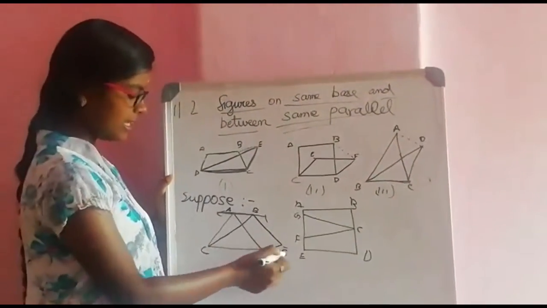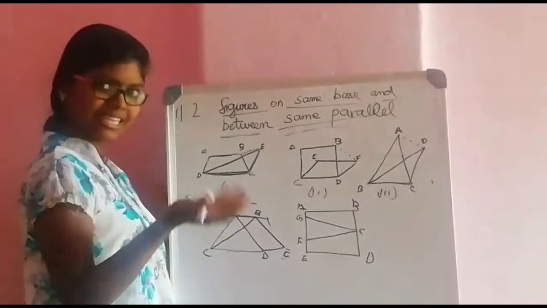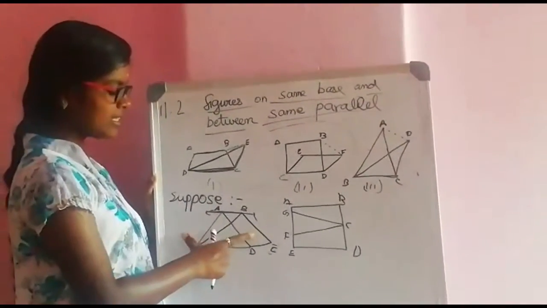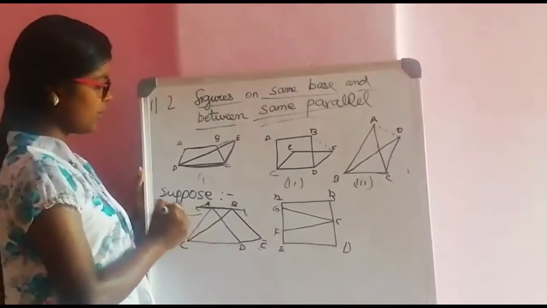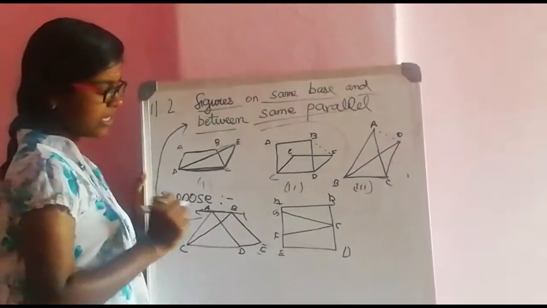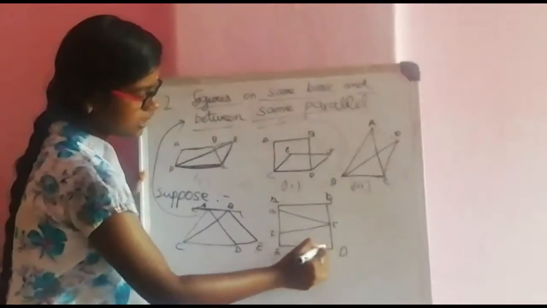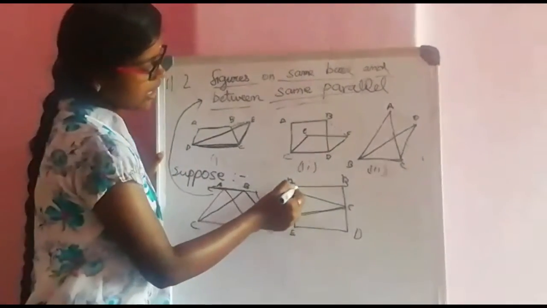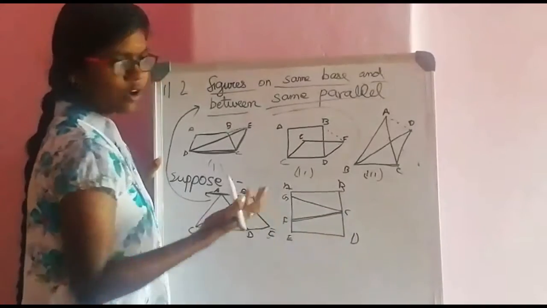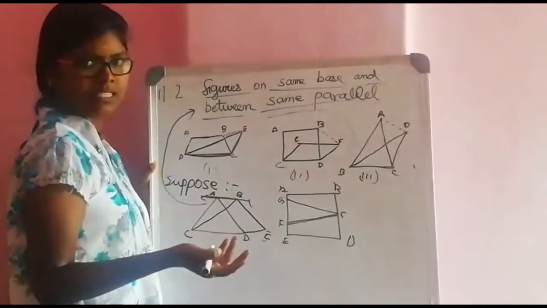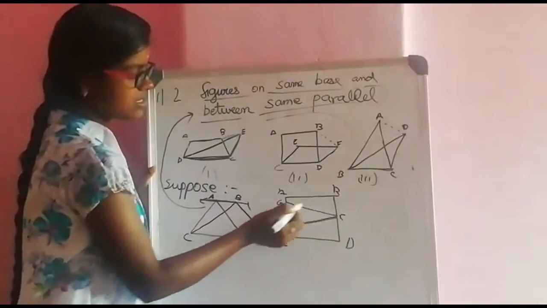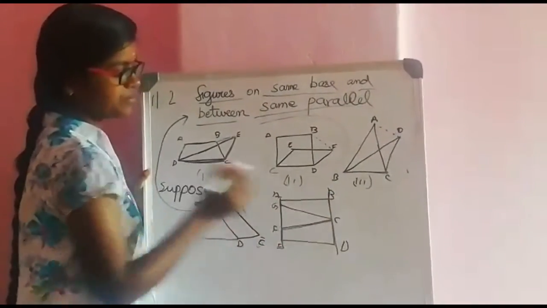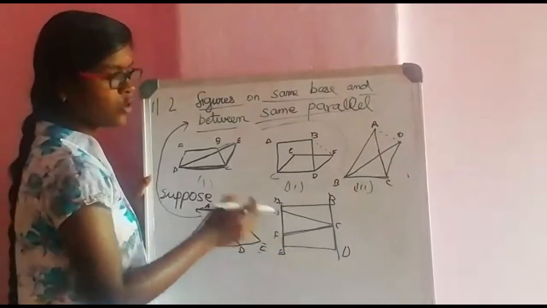CD or CE is not the common or the same side for both the figures. At that time I can't consider this to be in this category. Even here is a square and a triangle. I don't find any common side, but the vertices lie in the same line, but there is no common side.